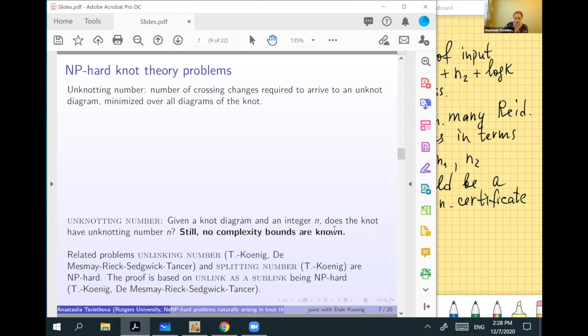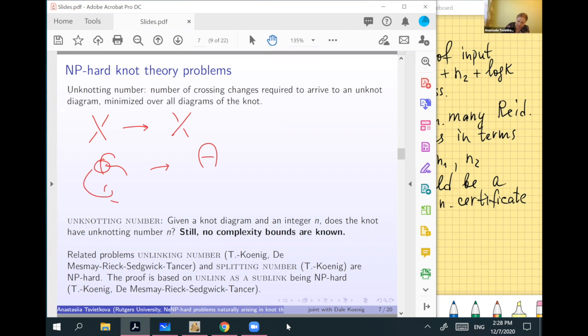So there's a notion of crossing change. Basically, you have a diagram where you have an overpass, an underpass, a crossing, and what you do is substitute one crossing of your diagram with the opposite one. So, for example, you have a figure 8 knot. You just take one crossing and you substitute it.